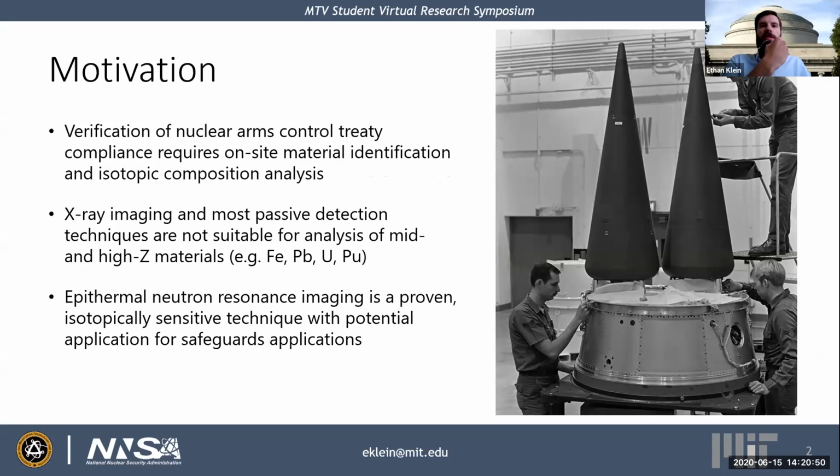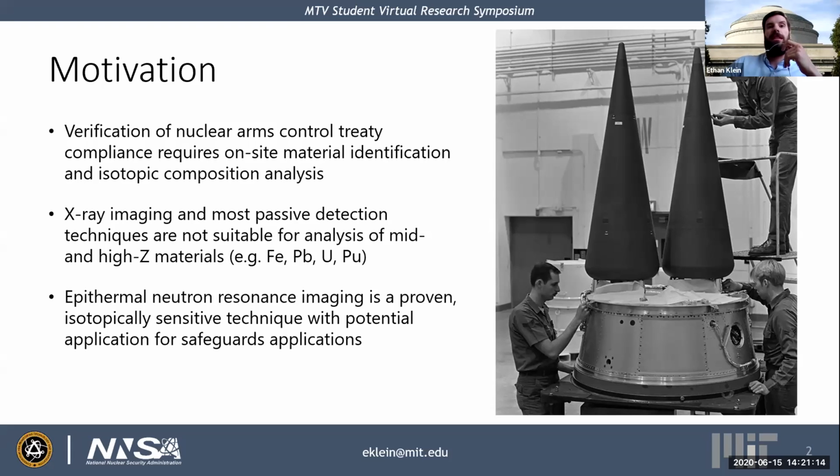For potential future arms control treaties, ideally you would have true material identification and isotopic composition analysis. As of today, there is use of some non-intrusive inspection equipment, mainly passive detection of radiation. Ideally, our goal would be to work towards an active detection mechanism.